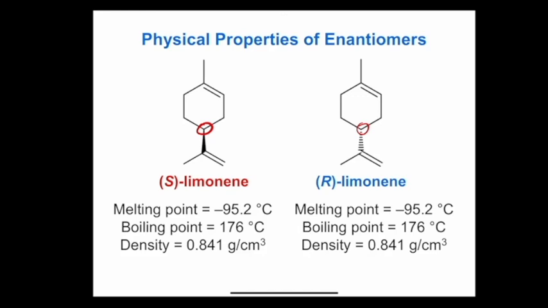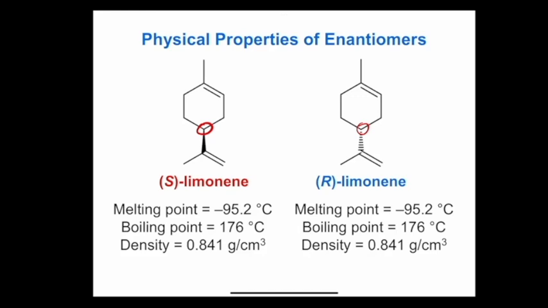Boiling point, 176, 176, identical. Densities, 0.941, 0.941. What this means is normal colligative properties, physical properties like these, do not tell any difference between these two.